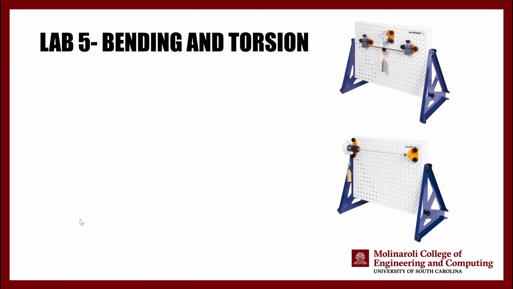Okay, so when you go to the lab, these are the systems you're going to see. This is our torsion system. This is a very simple system. You apply the load here, you apply the torque here, and then you measure the twist using this mechanism. We have upgraded this to give us the digital angle of twist, easier to deal with, of course. And we also have upgraded this dial to a digital dial.